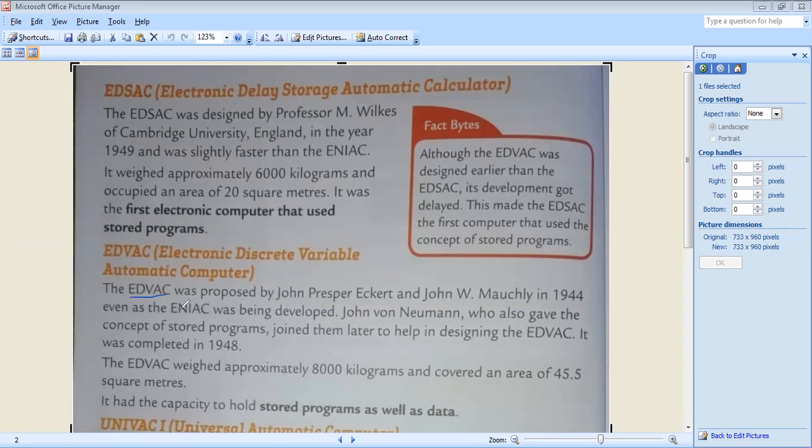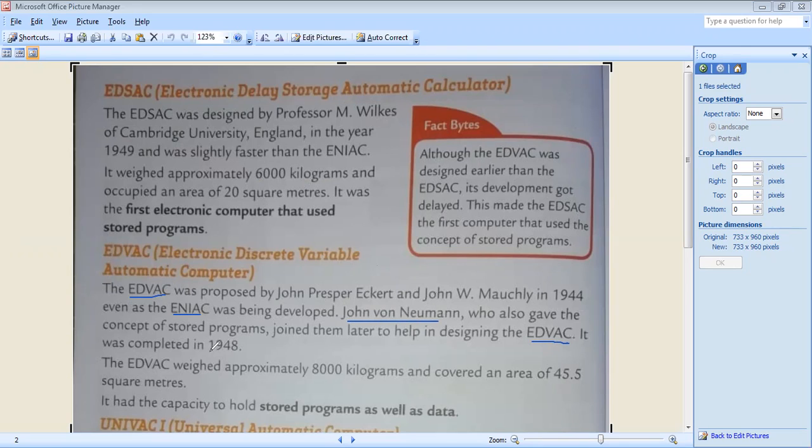John von Neumann, who also gave the concept of stored programs, joined the team of John Prosper Eckert and John W. Mauchly later to help in designing EDVAC.